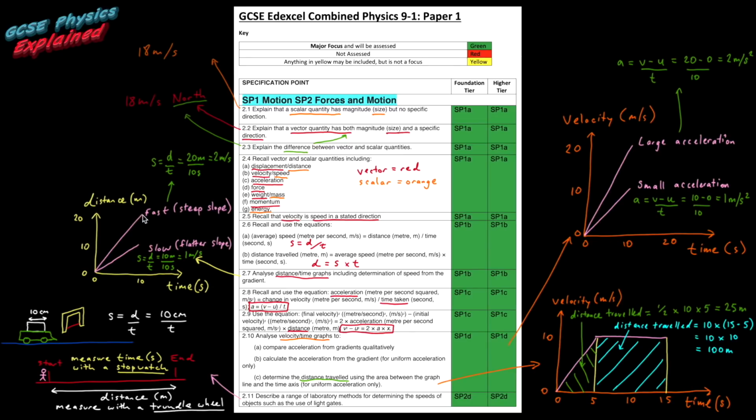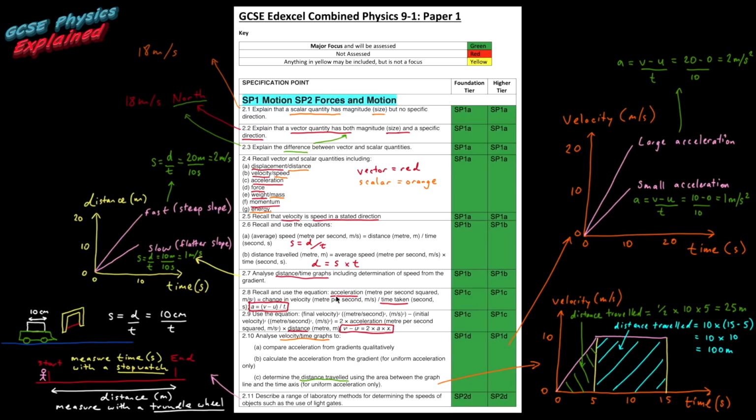You can see this object here has covered a distance of 20 meters in 10 seconds. So 20 meters divided by 10 seconds is 2 meters per second. This object here in 10 seconds only travelled 10 meters. So 10 meters divided by 10 seconds comes out as 1 meter per second.